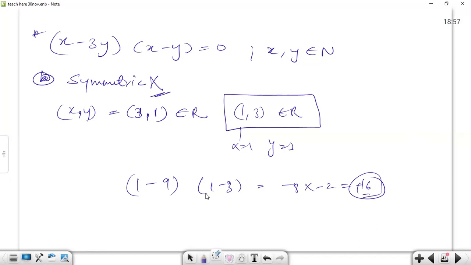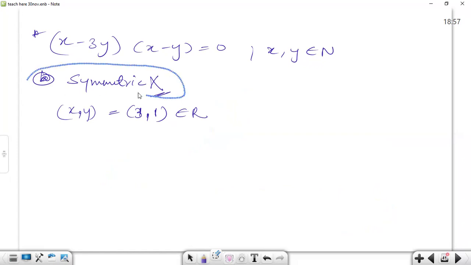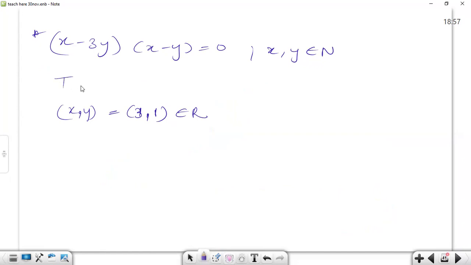Okay, so let's check for transitivity of the relation. Let's make a different example.